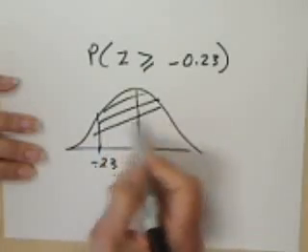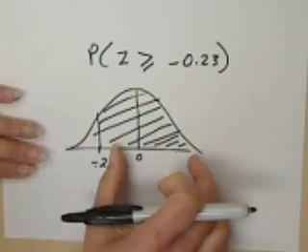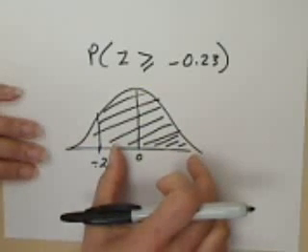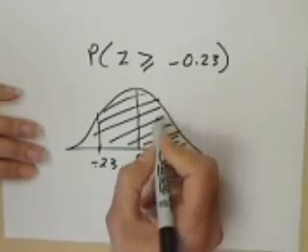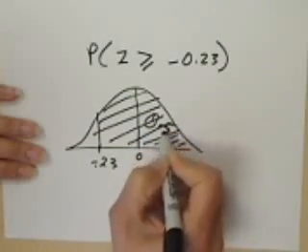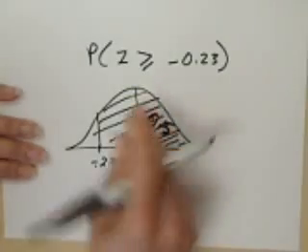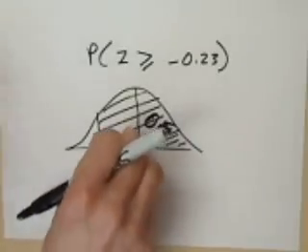Greater than means all of this area. So already I know that my answer should be more than 50% or 0.5. How do I know that? Because I know this right side is 0.5. And this part right here, I can look up from the table.